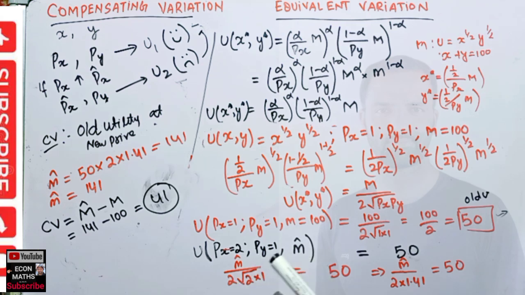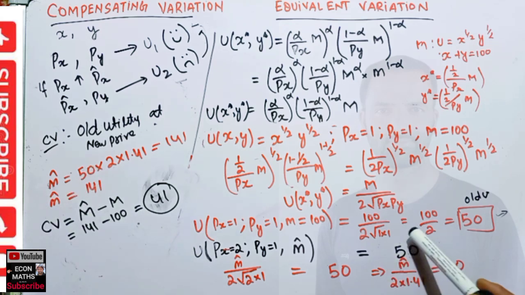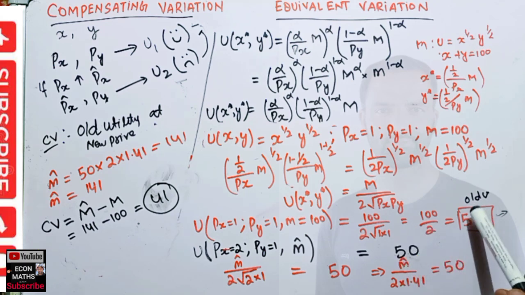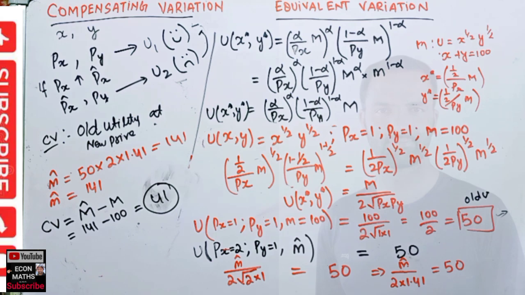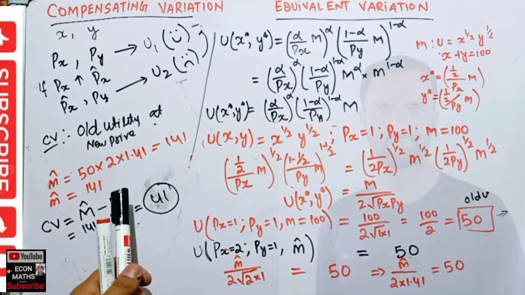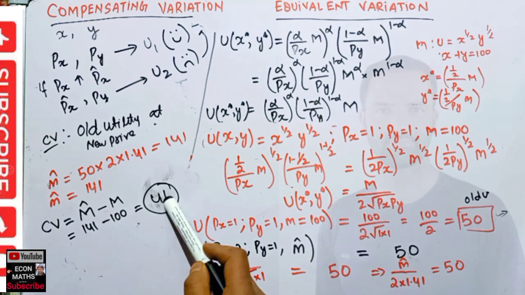That means to get 50 utilities of utility, the consumer will now need $141 because price of x has increased to 2. Now how much money do we need to give to the consumer is simply the income he needs when the price is increased minus the original income, that comes out to be 41.